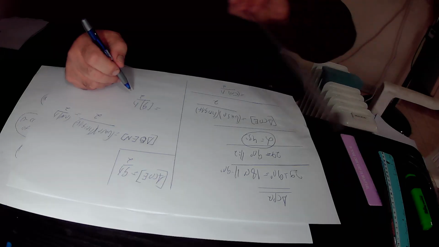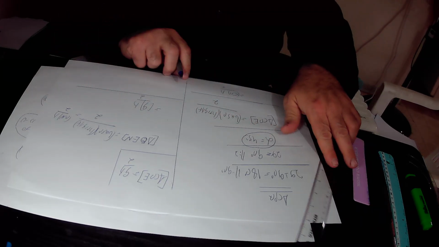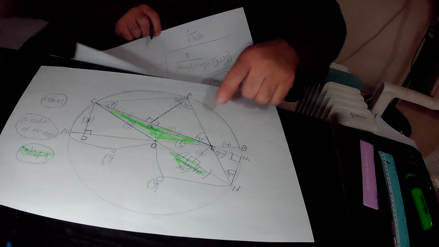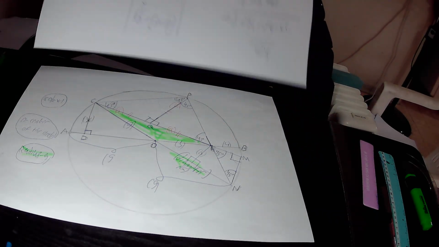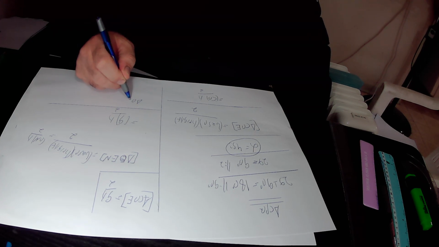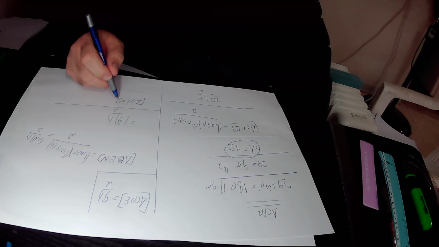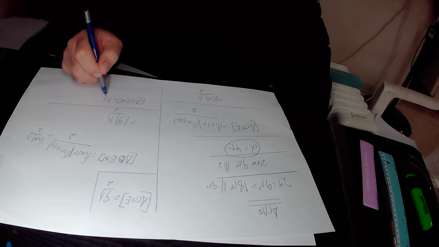So in total, we actually found that the area of this lower triangle OEN is equal to 9H over 2 square units in its size.